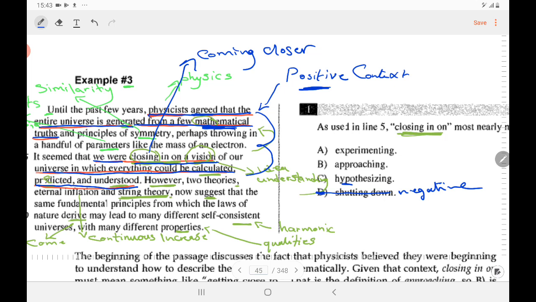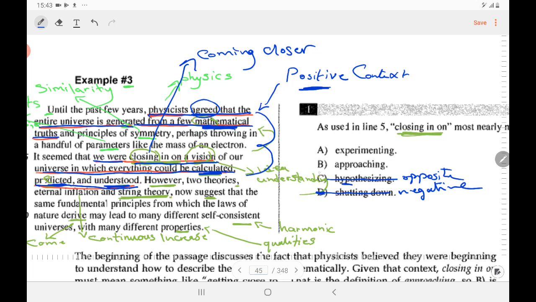We're closing in on a vision of our universe, and everything could be calculated, predicted, understood, not hypothesized, which means to predict depending upon insufficient information. So hypothesize is the opposite of what the passage states. He said they agreed to explain everything depending upon math, not upon hypothesizing and assuming and predicting and guessing.